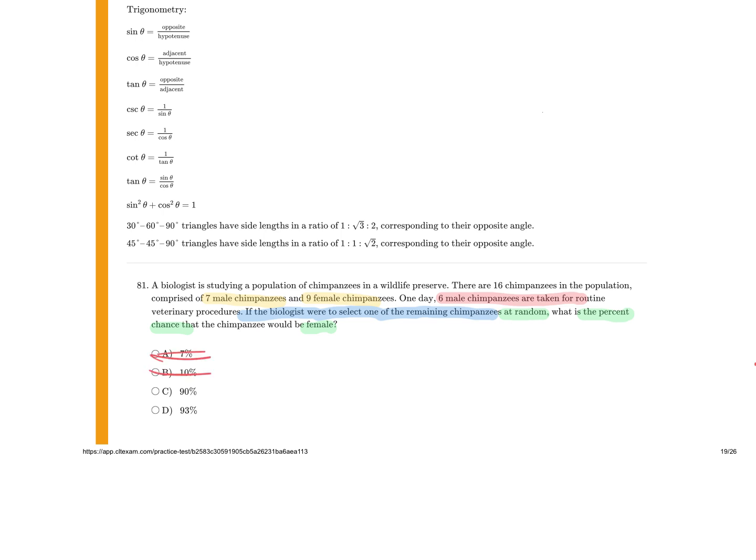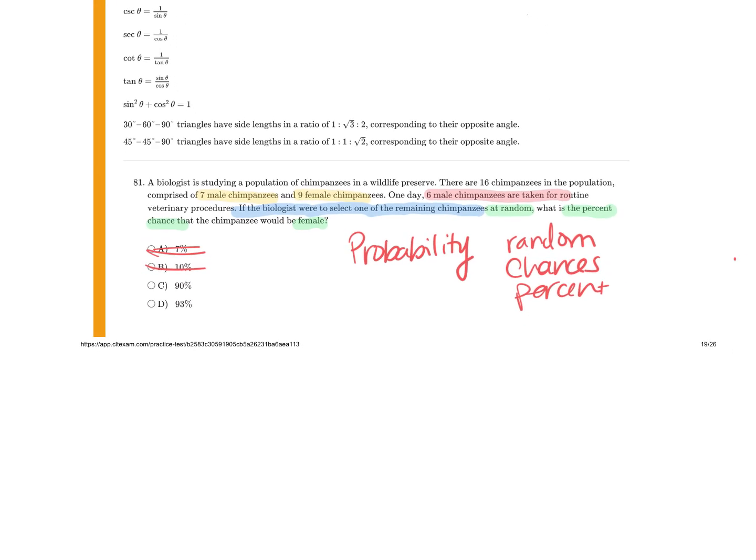Okay, now anytime you're dealing with probability, you're going to see keywords like random or chances or even the word percent. So with probability, you form a fraction.